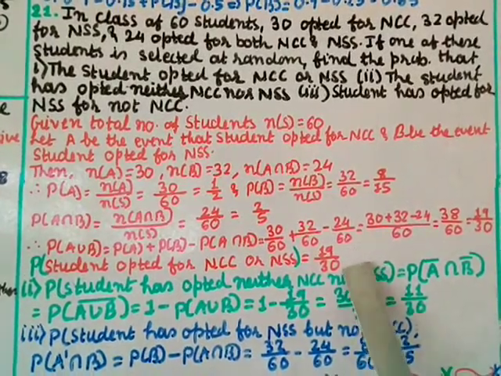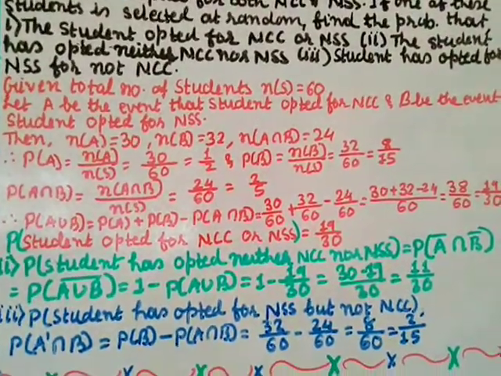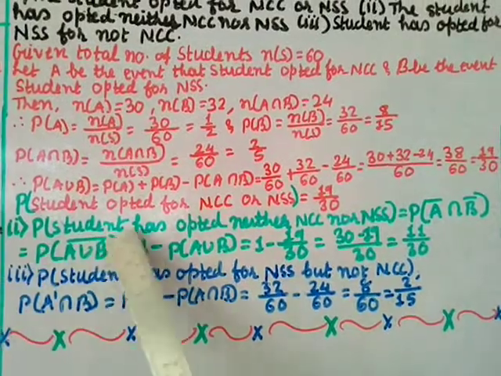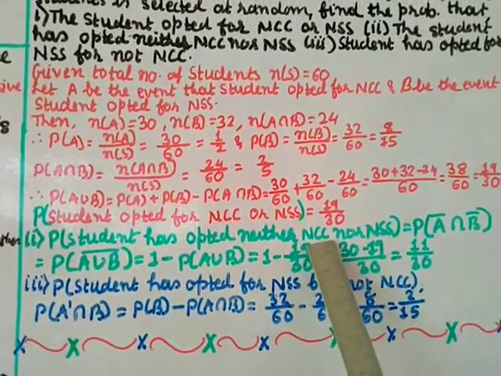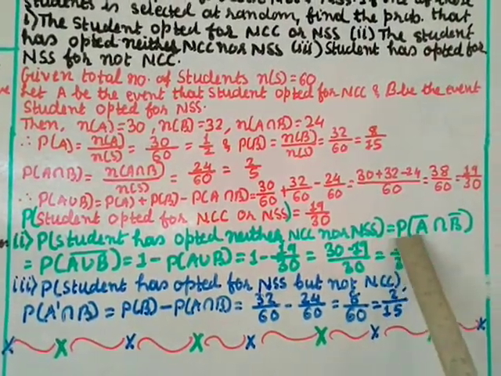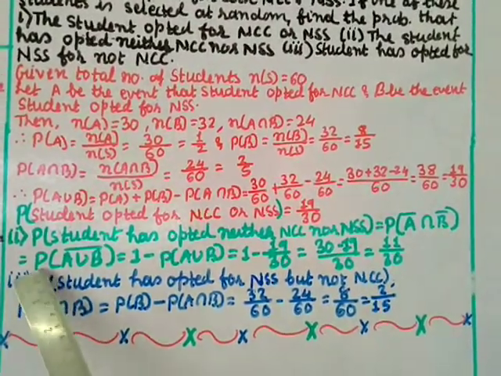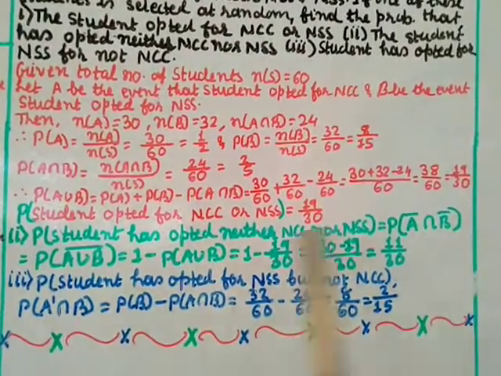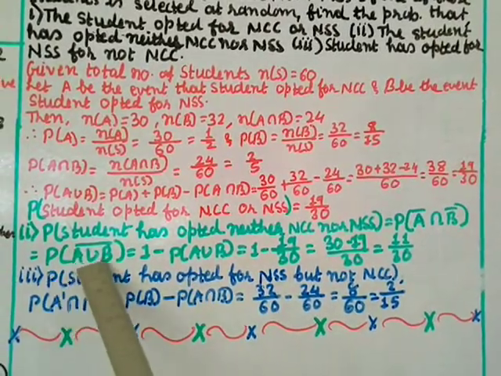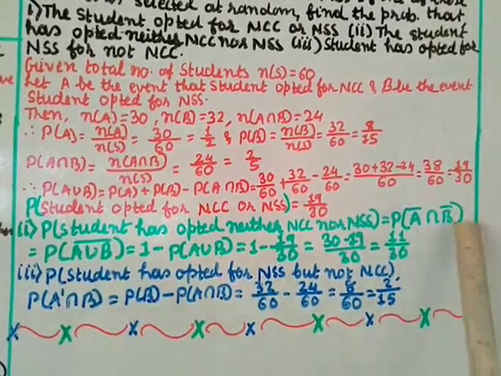So that is the first one. And part 2 is the probability of student has opted neither NCC nor NSS. That is P equal to not A intersection not B. This can be written as P of not A union B. This is De Morgan's law, which I am applying here.